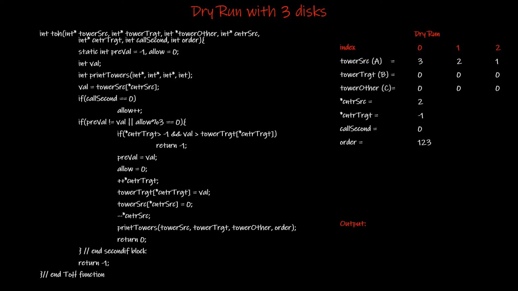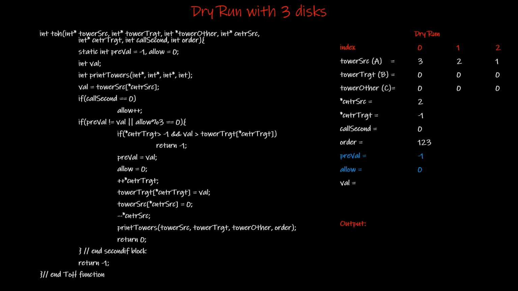Now we create the preval and allow variables. Preval is initialized to -1, allow to 0. Because they are static variables, we have highlighted them in blue color. Then the val variable is created and there is no value assigned to it. So we have not set any value for the val variable. The print tower function is declared.